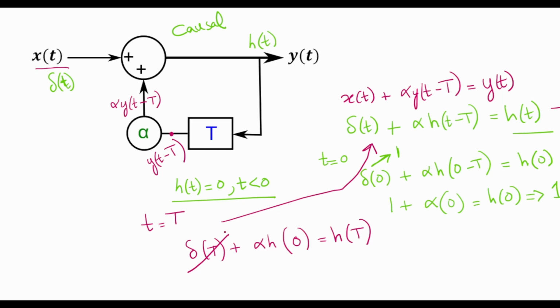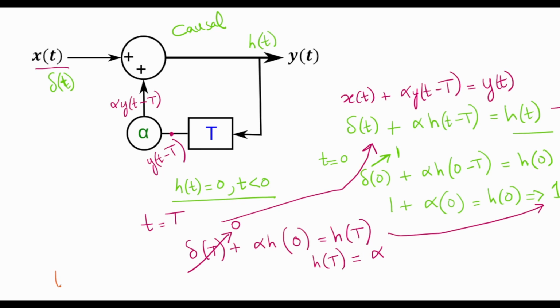And delta t we know only exists at 0. It's an impulse at t equal to 0. So the impulse response at T is equal to alpha times h of 0. And what is h of 0? We found here that h of 0 is equal to 1. So I get h of T is equal to alpha.